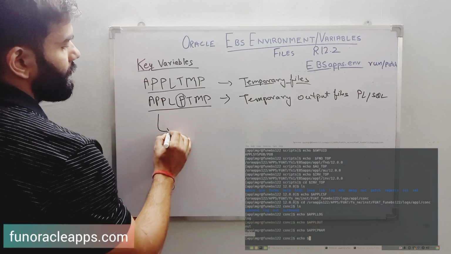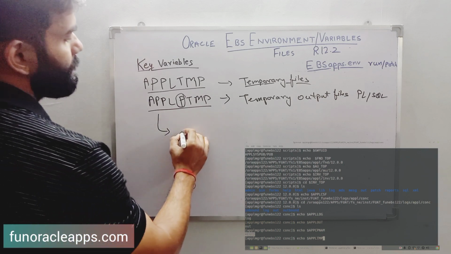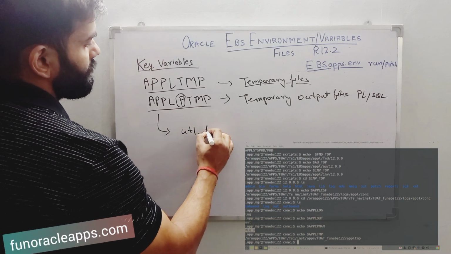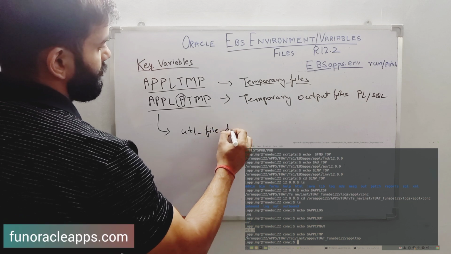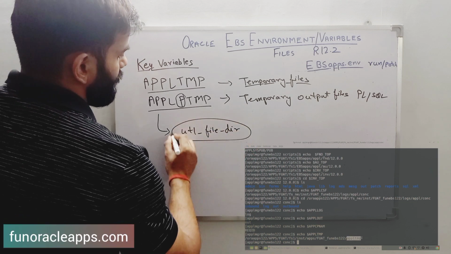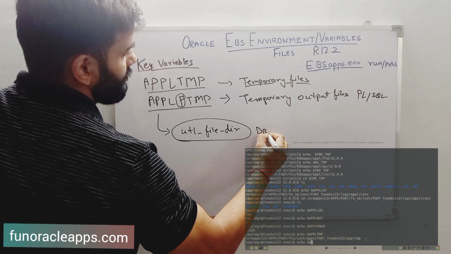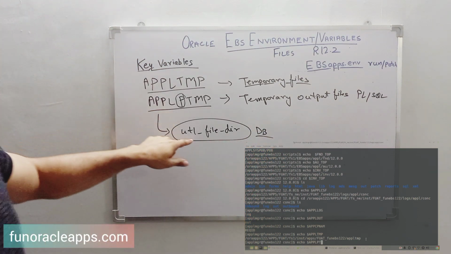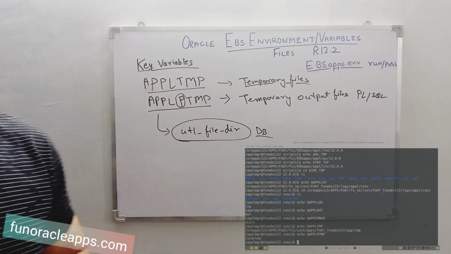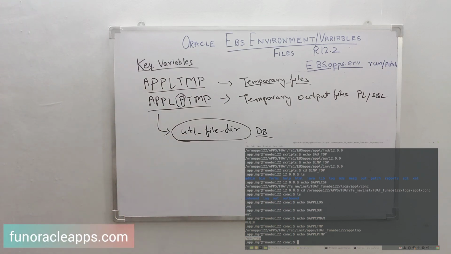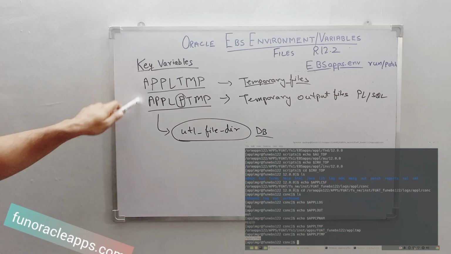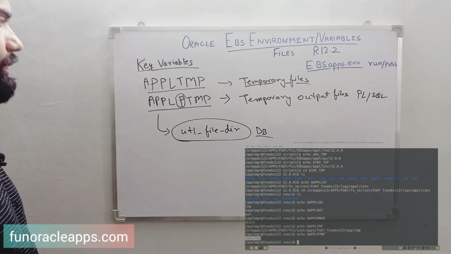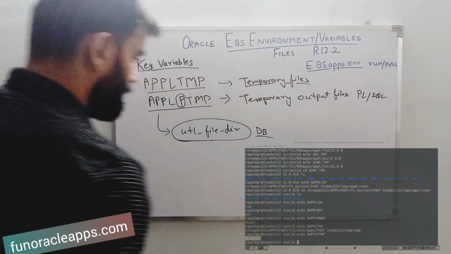Many times we might need to compare: the value of APPL_PTMP should be in the utl_file_dir location. The DB level parameter that we set for utl_file_dir, this path should be there in that as well. So these are some important APPL_TMP and APPL_PTMP.